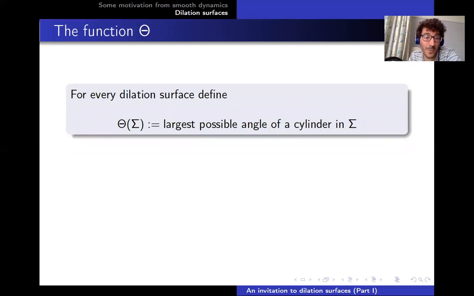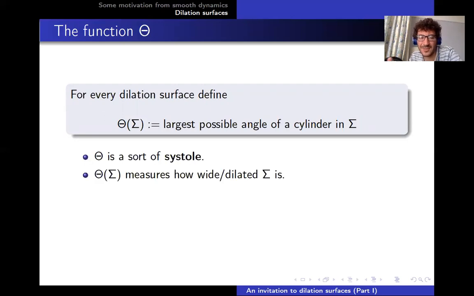So when you have a dilation surface, you might want to define a measure of how dilated or wide it is, and this is what this function does. If I've got a dilation surface sigma, then I can define a theta sigma, which is the size of the largest possible angle of a cylinder embedded in sigma.